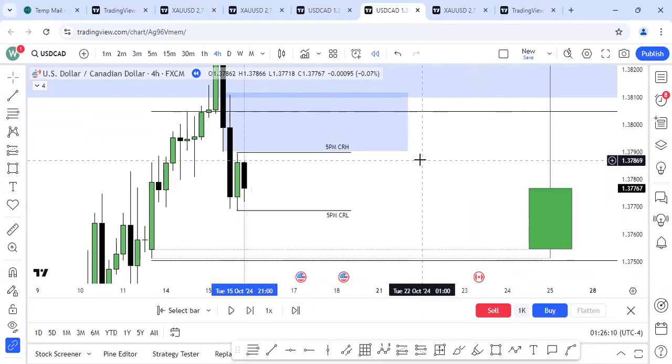We had an inside bar inside the CRT. That makes the setup more accurate. That makes the setup a high probability setup. So when I saw this, I knew that this was a high probability setup.